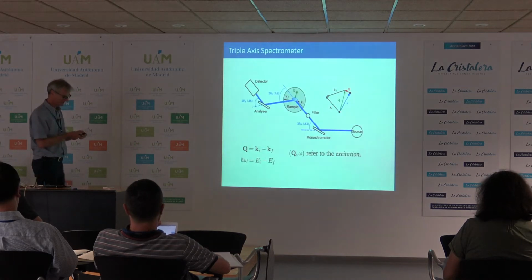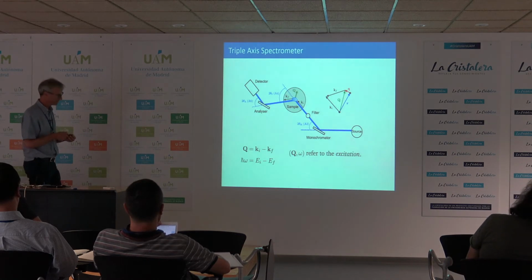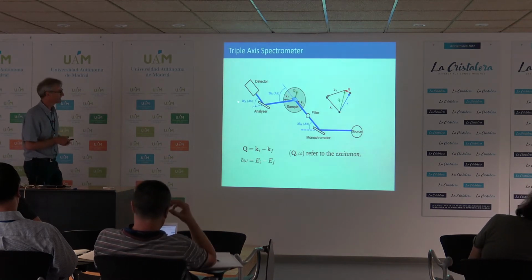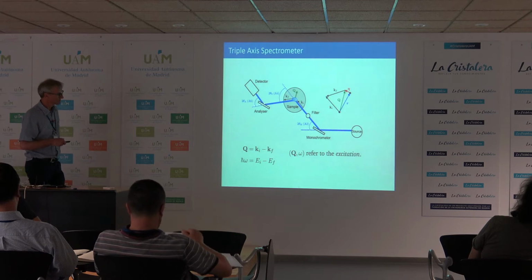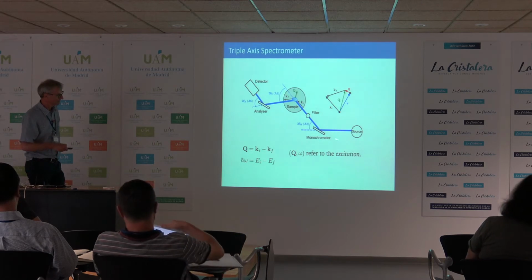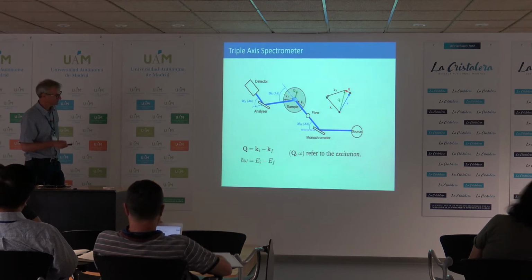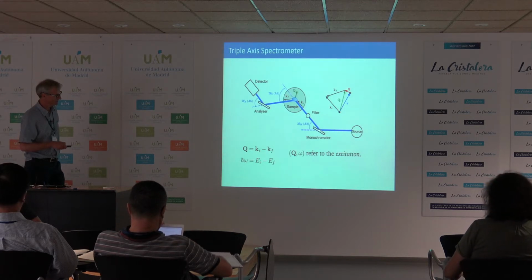So this is the basic idea of doing scattering experiments. Using this three-axis instrument that I just mentioned, what you want to do is to set up an incident neutron or photon on your sample and scatter it. And if you'd like to do inelastic experiments, you'd like some way of monochromating your particle, your photon or your neutron, and then analysing its final energy.